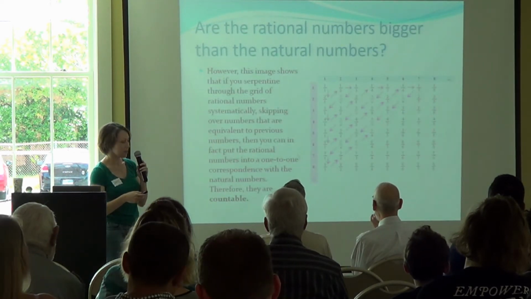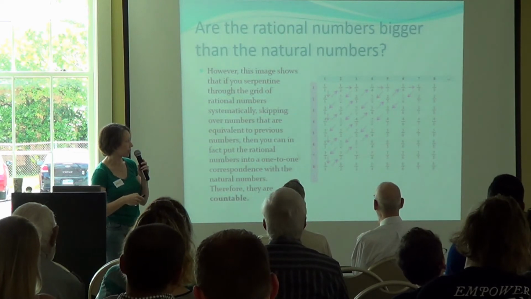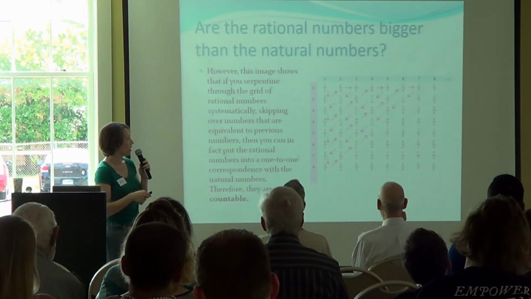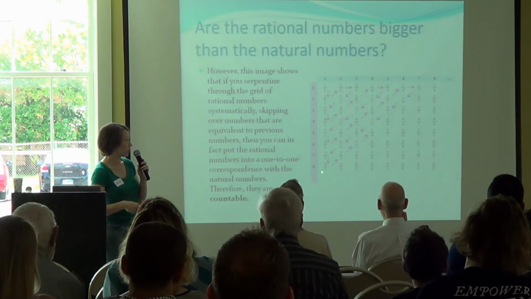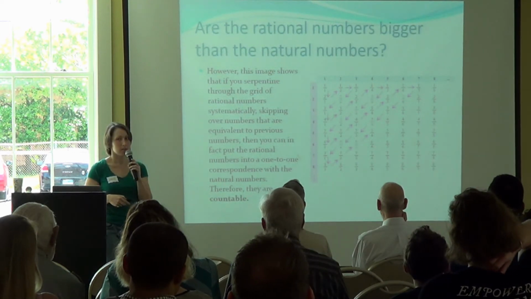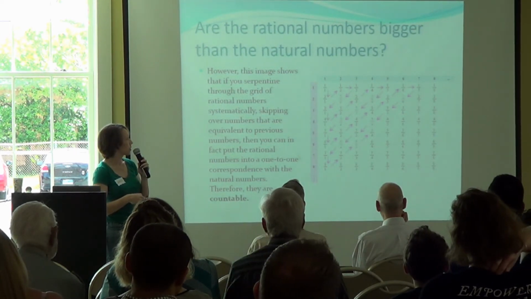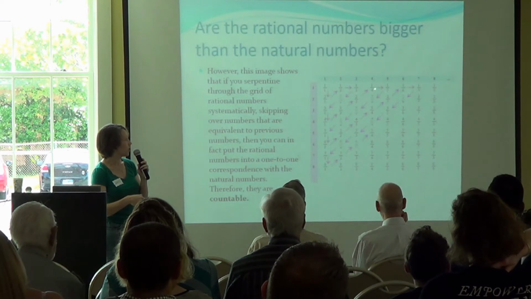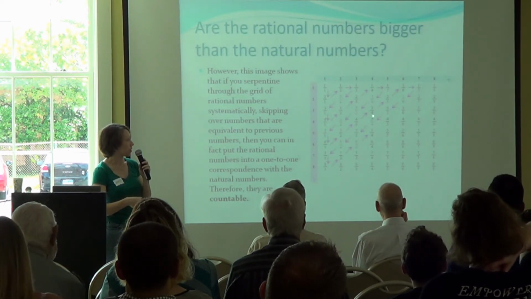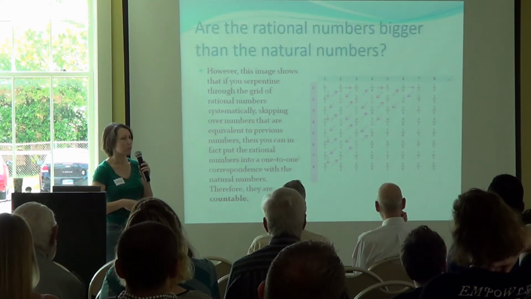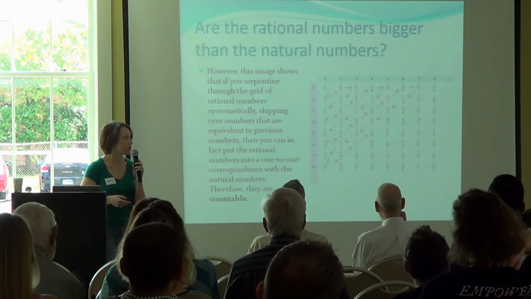However, this image, if you can see it, is another image of the same thing, listing the grid of the rational numbers. And look at these little arrows. If you serpentine through this grid, then you can actually put the rational numbers into a one-to-one correspondence with the natural numbers.